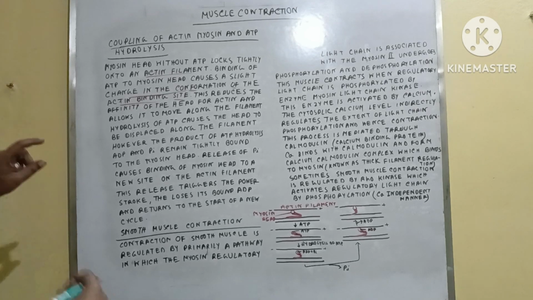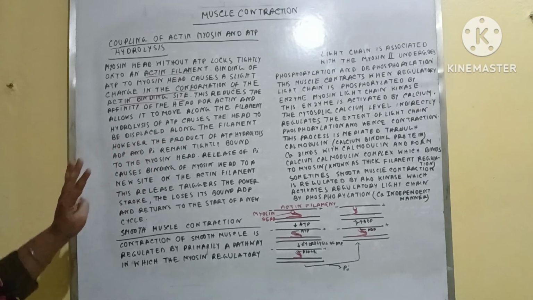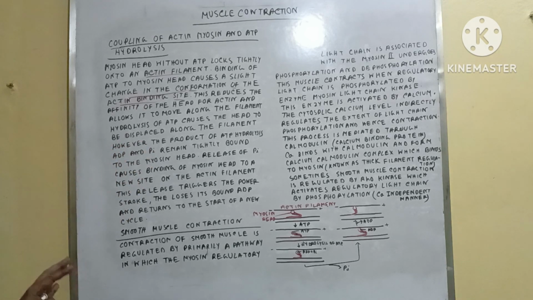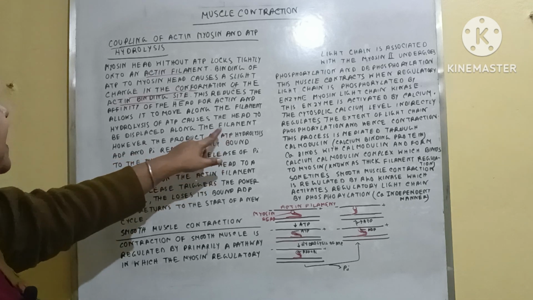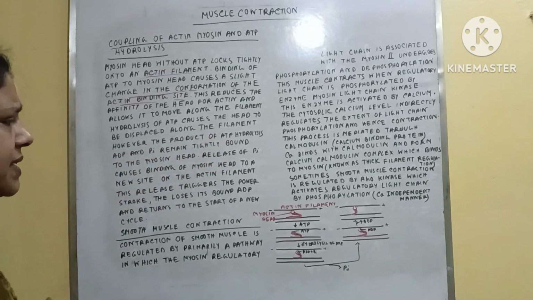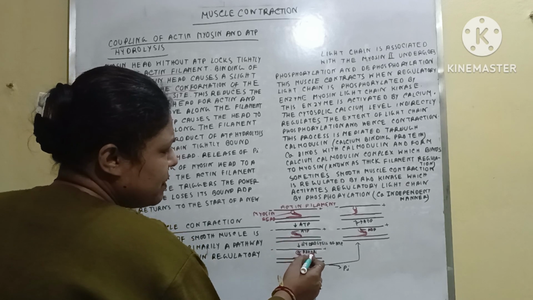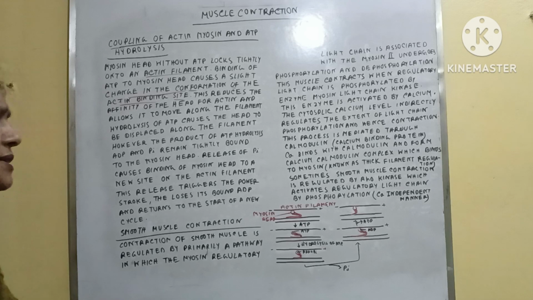When ATP hydrolysis is occurring, ADP and Pi form, and at that moment the ADP and Pi are still tightly bound with this myosin head, and you can see here ATP hydrolysis is occurring and ADP and Pi form and are still bound with this myosin head.